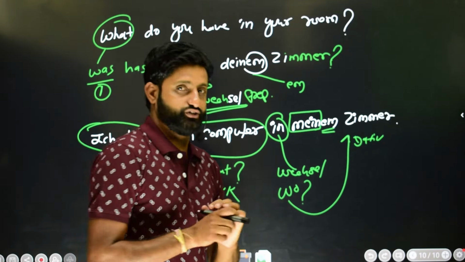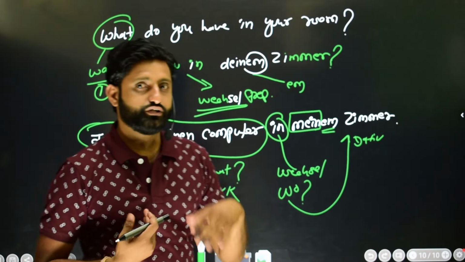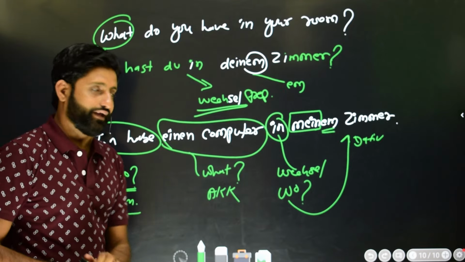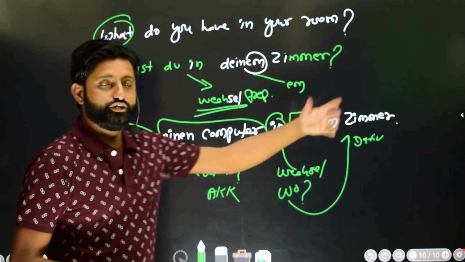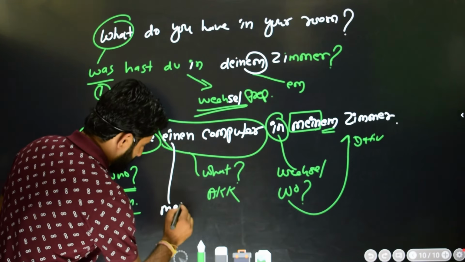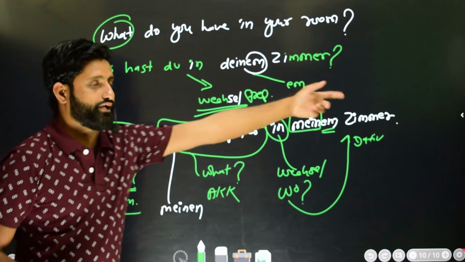Was hast du in deinem Zimmer? Ich habe einen Computer in meinem Zimmer. I have a computer in my room. If I replace this a word with my, like I have my computer in my room, it will become meinen. Ich habe meinen Computer in meinem Zimmer.